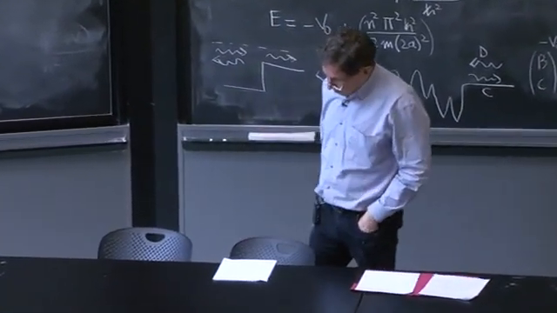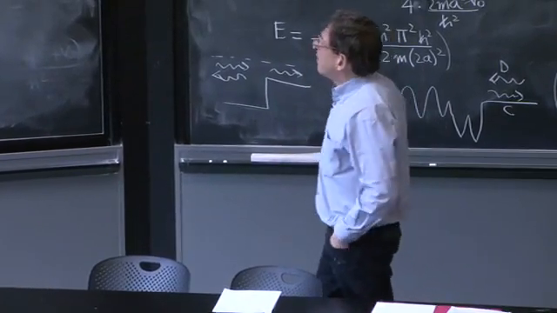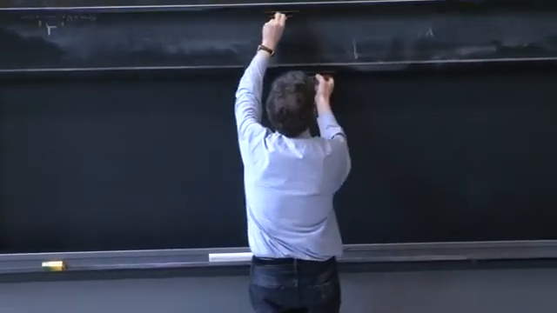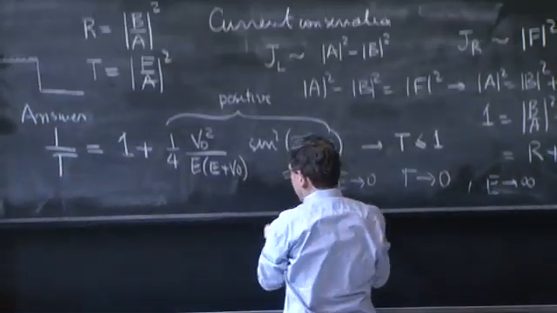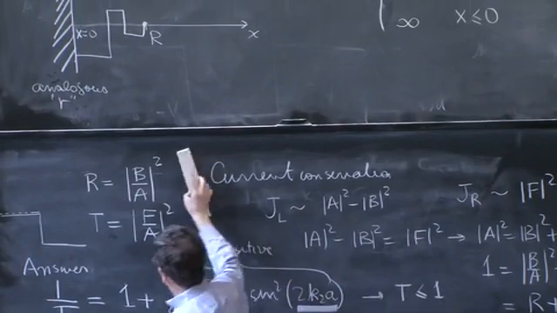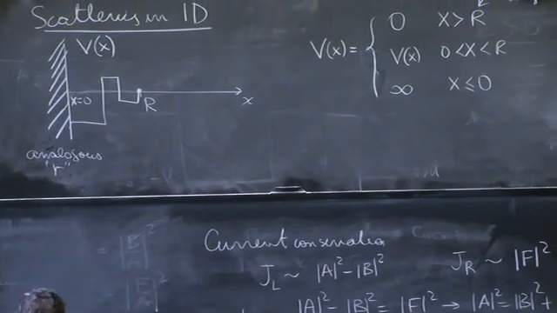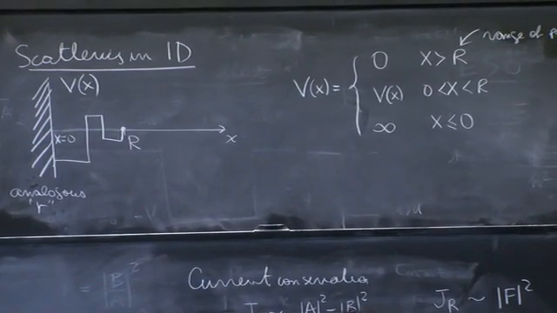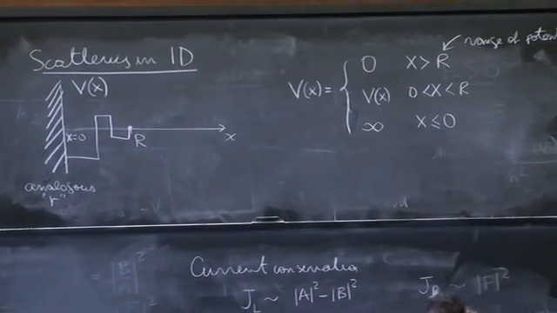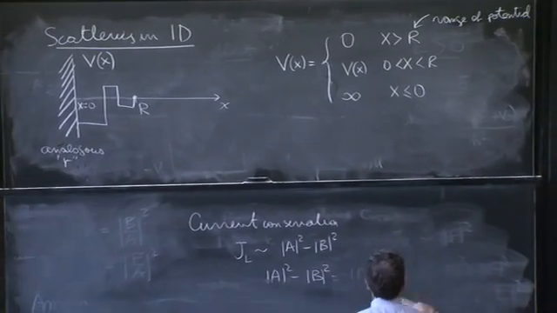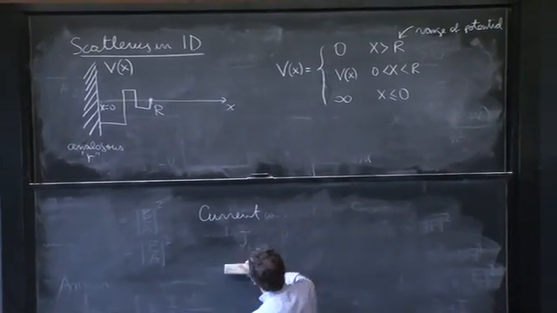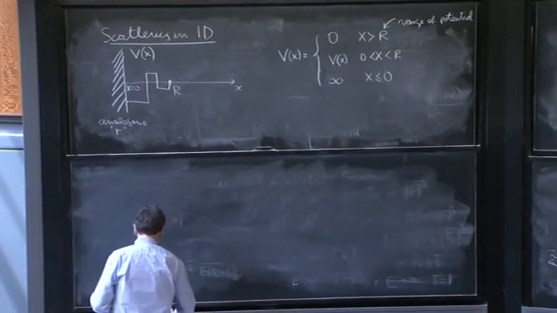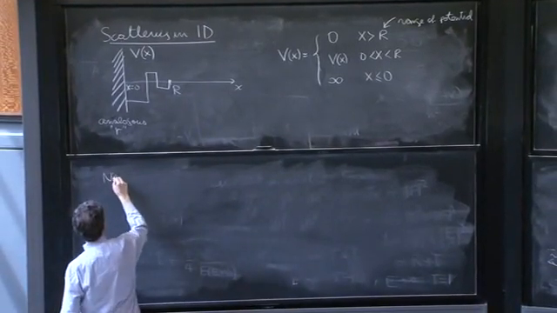So to begin this, we'll solve the simplest case when you have no potential whatsoever. Now, no potential means still the barrier at x equals 0, the infinite barrier, but in between 0 and r, nothing is happening. So you'll have just the case of no potential.